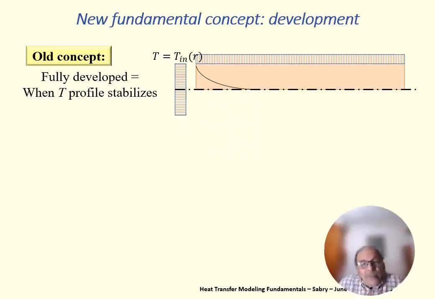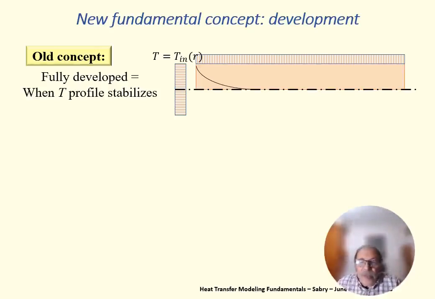Now, there is another fundamental concept that I have to introduce about the fully developed and developing zones in forced convection heat transfer. Suppose I have a uniform heat flux heating a duct, and I have here the evolution of the boundary layer, which will increase until it reaches the axis of symmetry, in which case the boundary layer will no longer evolve.